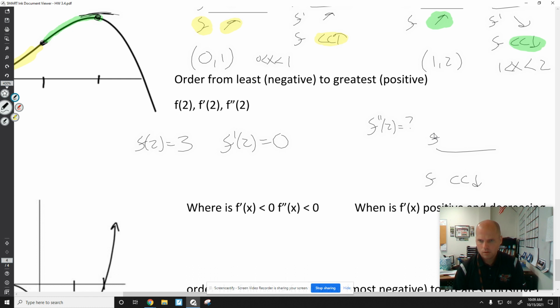That means F double prime has got to be negative. So F double prime of 2 is some negative number, say negative 1. Order from least to greatest: F double prime of 2 has got to be less than F prime of 2, because this is negative and this is 0, which has got to be less than F of 2.